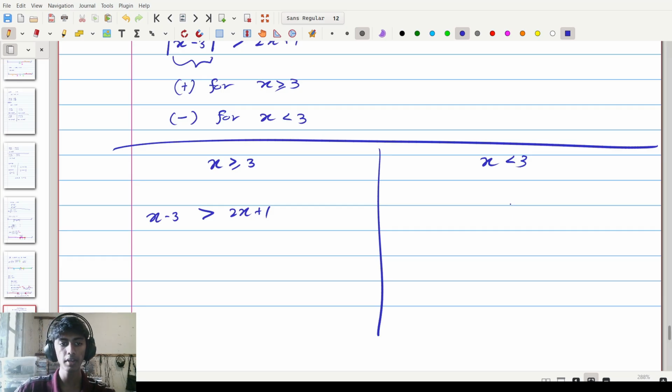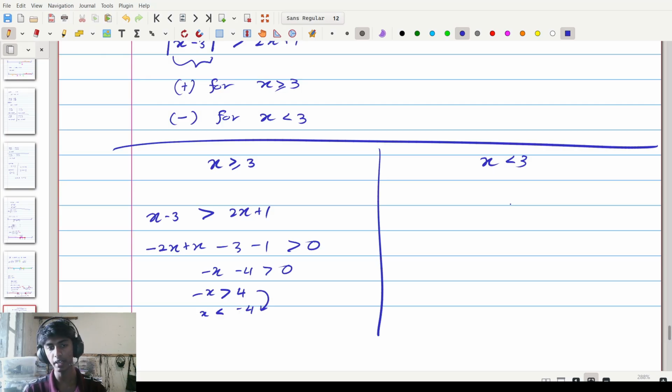Solving this in the normal way, what we have is negative 2x plus x, and then minus 3 minus 1 is greater than 0, which is negative x minus 4 greater than 0, meaning that negative x is greater than 4, meaning that x is less than negative 4. Notice here what I did: I multiplied both sides by negative 1.